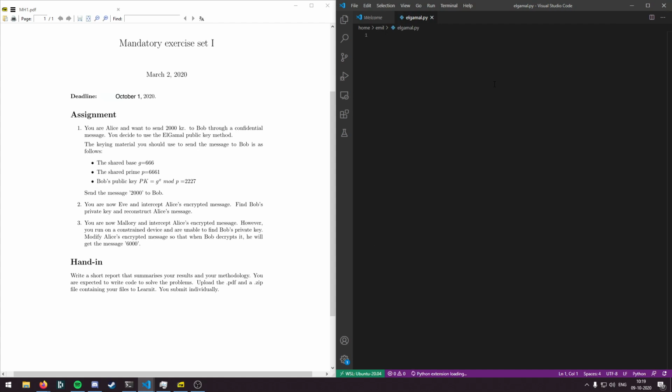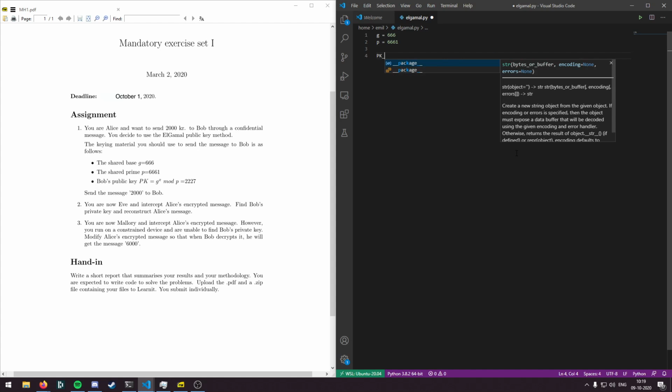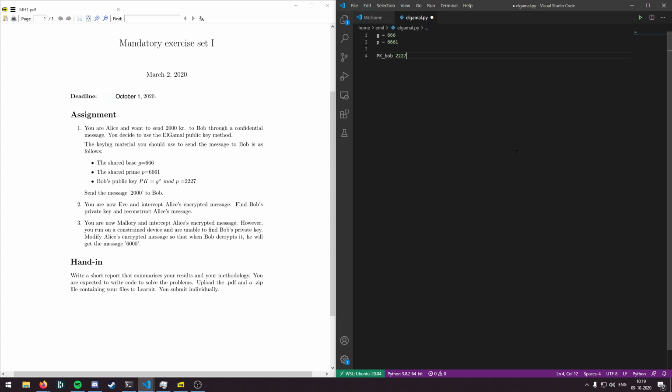The shared base g we set to 666, and the shared prime we set to 6661, and Bob's PK, let's set that to what it says here: PK Bob, 2227.